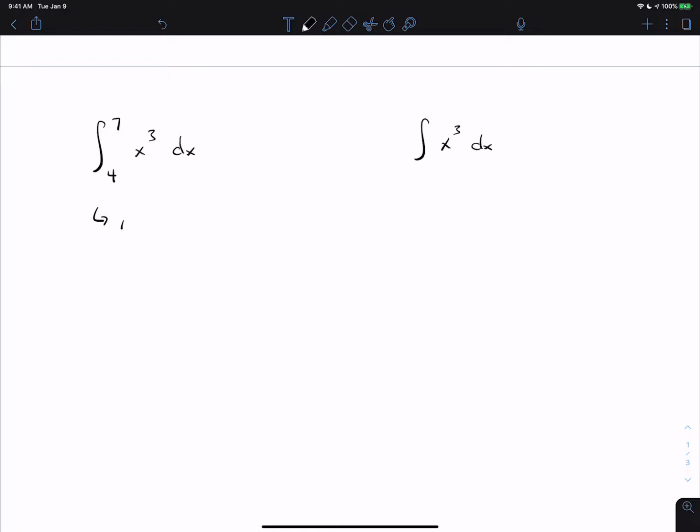Here, this is talking about the area under f of x equals x cubed from 4 to 7. This is talking about finding all antiderivatives of x cubed with respect to x.